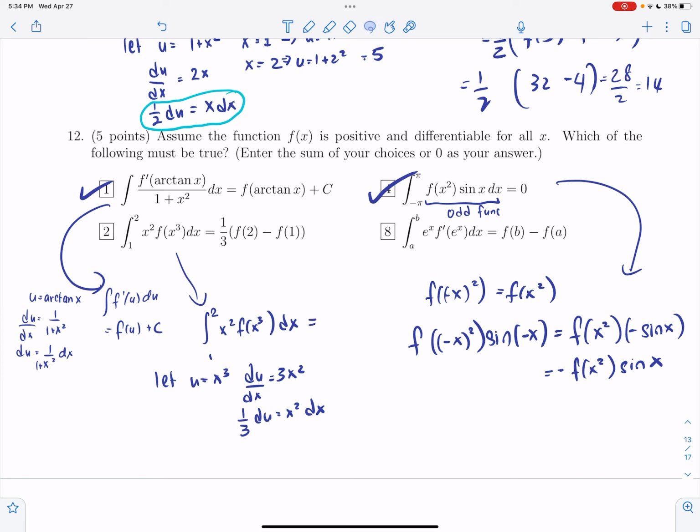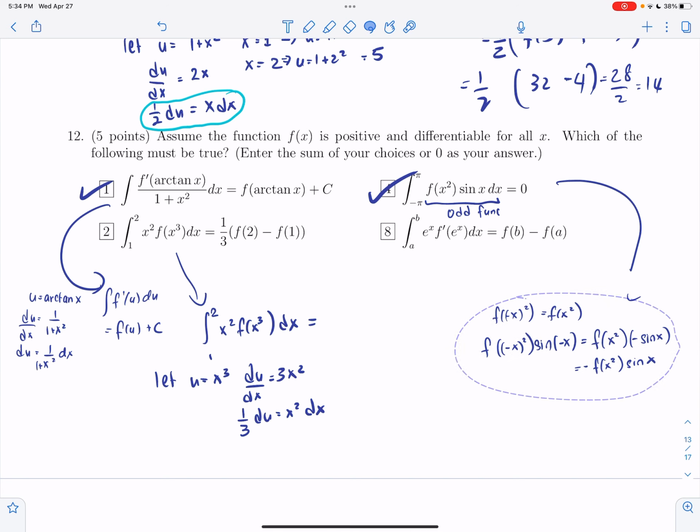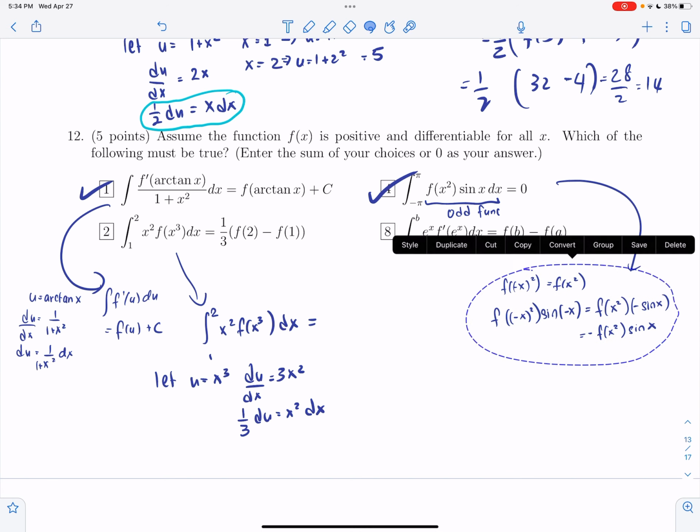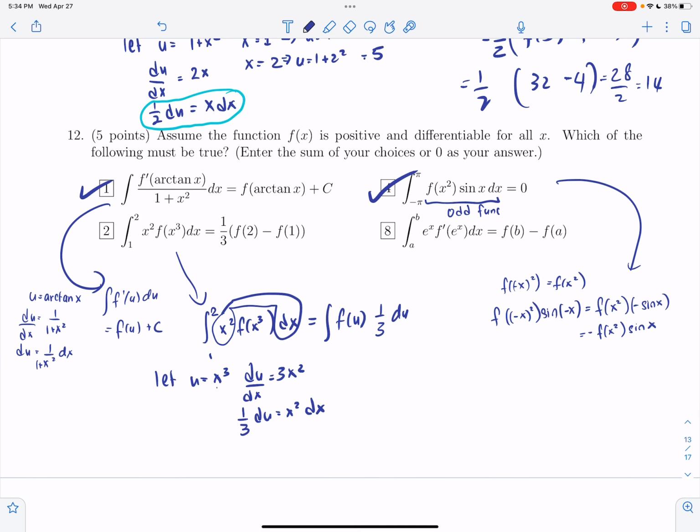And what will this integral become? I'm just doing the inside part first. That part is 1/3 du, and that is f of u. When x is 1, u is 1. When x is 2, u is 8. So you have 1/3 times the integral from 1 to 8 of f of u du.